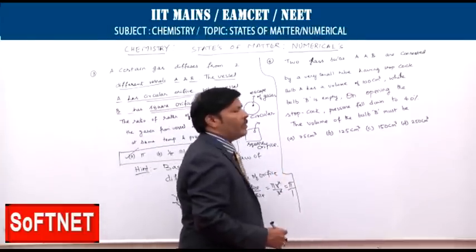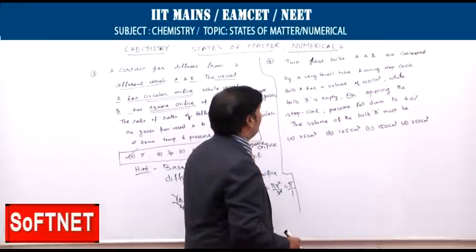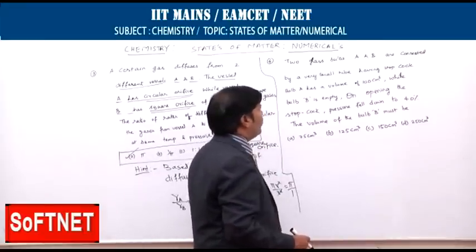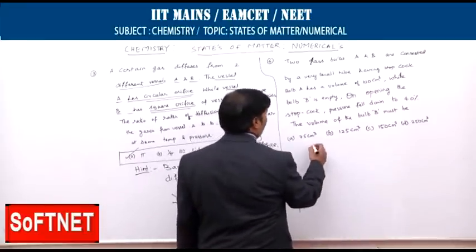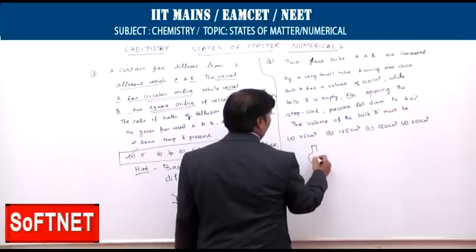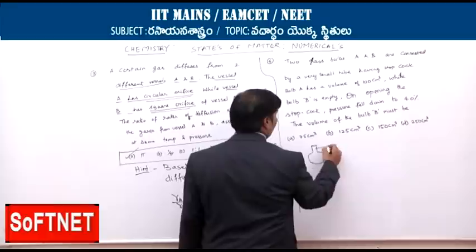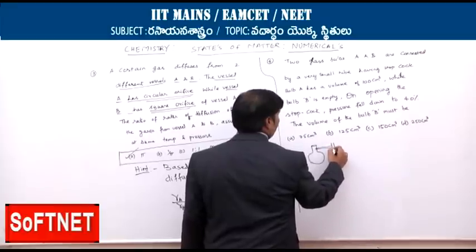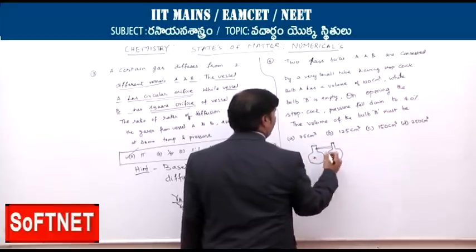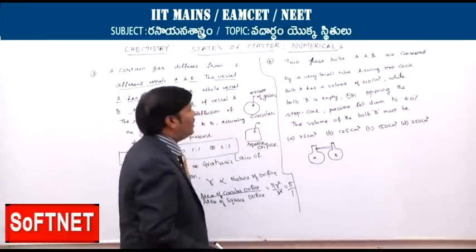In the fourth numerical, two glass bulbs A and B are connected by a very small tube having a stopcock. Imagine that this is the first glass bulb and this one is the second glass bulb. This is glass bulb A, glass bulb B, having a stopcock.